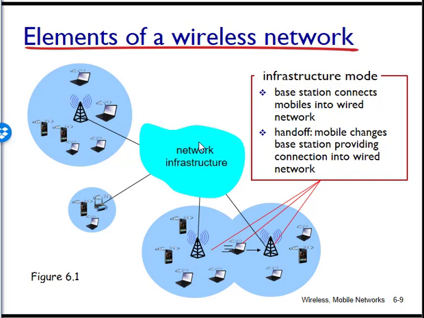If the host moves during a TCP connection or phone call, how is data routed so that the connection continues uninterrupted? These and many other questions make wireless and mobile networking an area of exciting networking research. Network infrastructure is the larger network with which a wireless host may communicate.